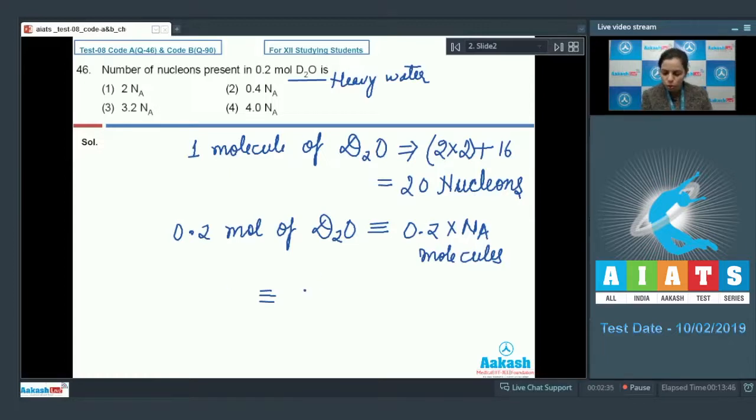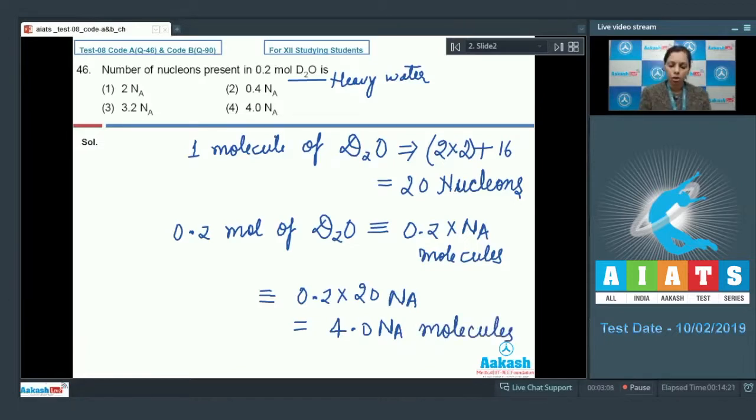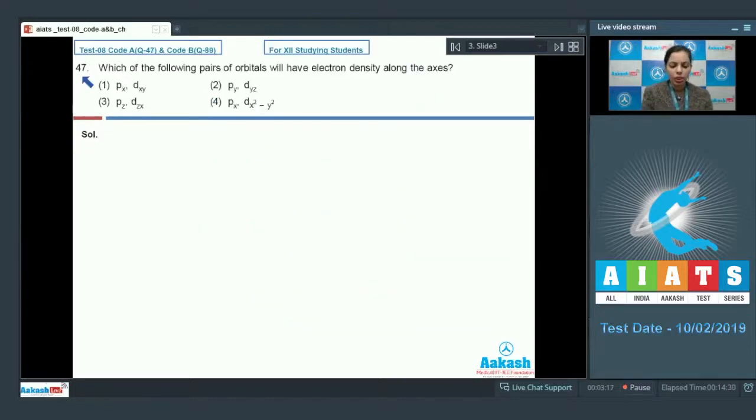That's why 0.2 into 20 Na, and that's equal to definitely 4 Na. These 4 Na are present here in option 4. That's why the correct answer is definitely option 4.